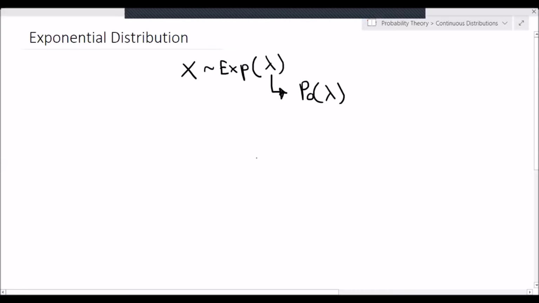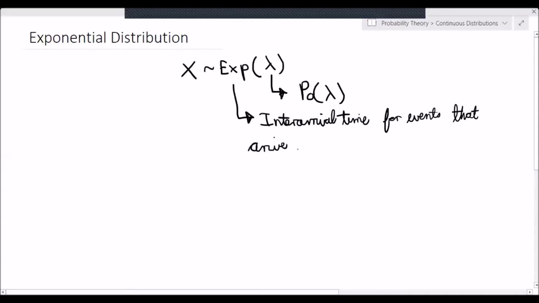And what an exponential distribution really measures is the inter-arrival time for events that arrive in a stochastic process that follows a Poisson process or a Poisson distribution.